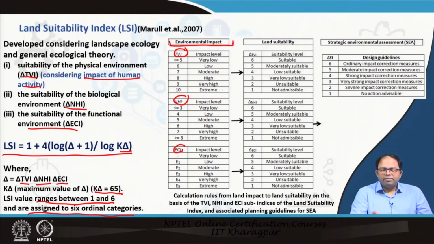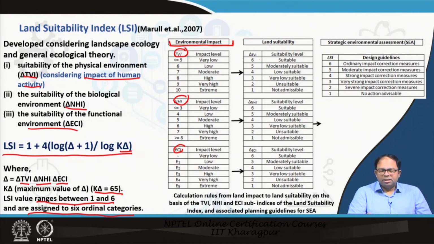So that means if it is extremely impactful, then it is not suitable. If it is very low impact, then it is suitable. In the same way we find these values and we assign them scores 1 to 6. Each one of them is assigned the same score range, so that when we add up, we end up with a common framework to compare these 3.